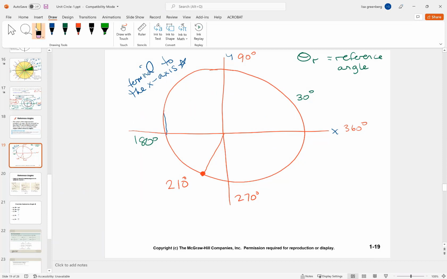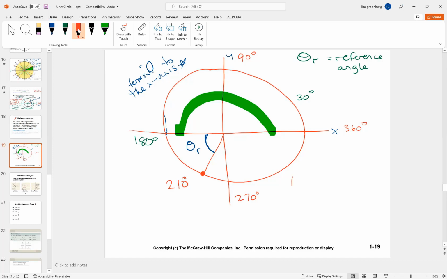So now I have an angle, it's 210. I know it's in the third quadrant because it's between 180 and 270. And I want to know what this value is, because that value is my reference angle, right? So I'm going to use something that I actually already know. I already know that if I go from here to here, how far have I gone? 180.